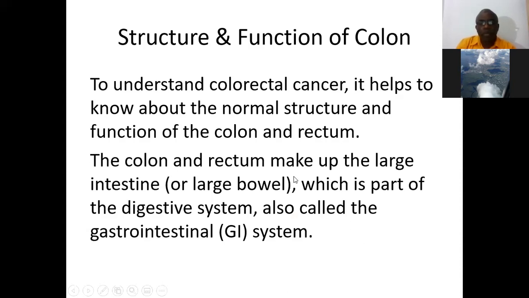The colon and rectum make up the large intestine or large bowel, which is part of the digestive system, also called the gastrointestinal system. So let us not be confused and fooled by this term. They call it the alimentary system, the digestive system, the gastrointestinal system. It is like when you hear about 6, half a dozen, all of them are the same thing.